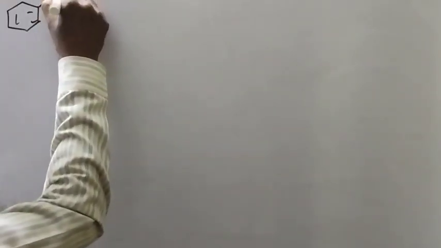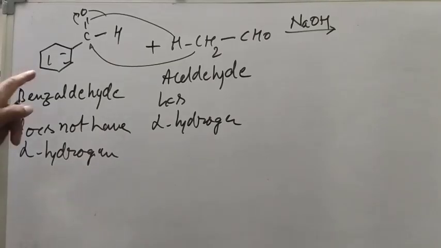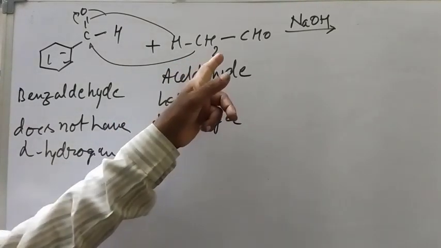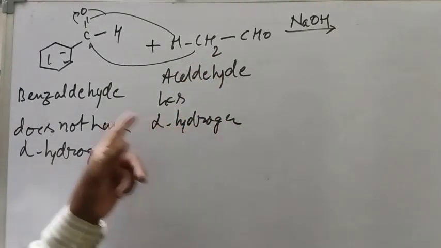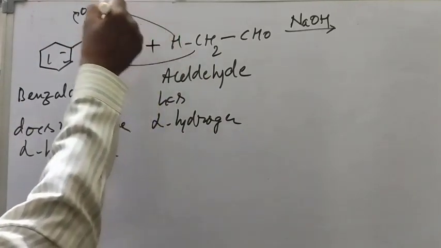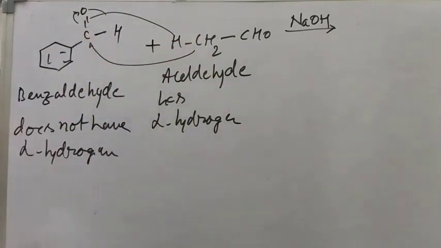Therefore, this is C double bond O H. This is benzaldehyde. So, benzaldehyde has no alpha hydrogen, and acetaldehyde has alpha hydrogen. Therefore, the reaction takes place. This double bond shifts, and this alpha hydrogen attacks the oxygen, and the CH2 group attacks the carbon atom.